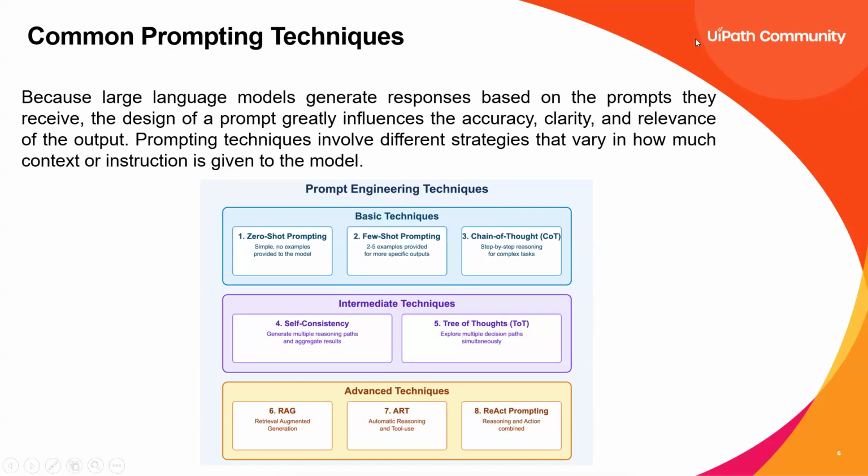You clearly mention in the prompt that you have to stick with this context and not hallucinate by yourself. Something like that. And then ART and ReAct prompting. These are some of the advanced techniques. But as I mentioned, for agentic automation, we stick with the basic techniques called zero shot, few shot, and chain of thought.